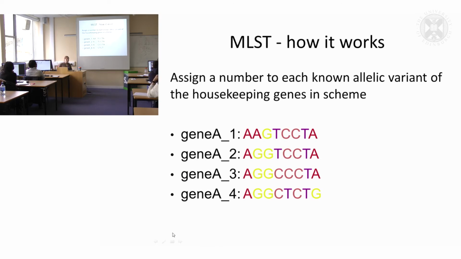It's the same gene, it's just slightly different between the different strains of bacteria that you're looking at. And so we call these allelic variants. You use this to look at how the bacteria have evolved and how they've diversified.